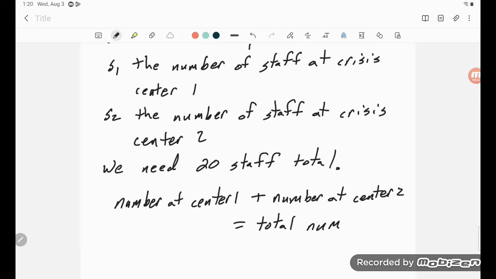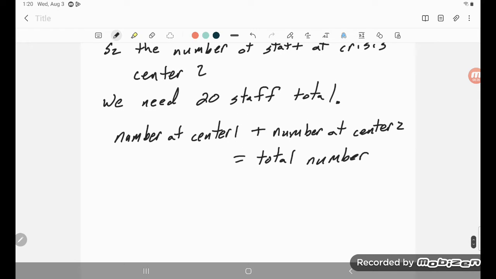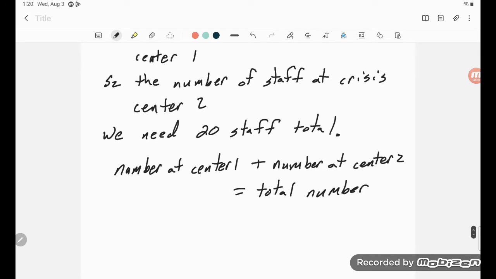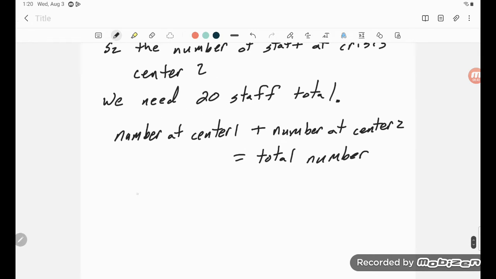And notice I did this, I'm thinking of it in English. Okay, but now I've got symbols for the number at center 1. That was S1. And I've got a symbol for the number at center 2, that's S2. And I know my total number I said is 20. And there's an equation.